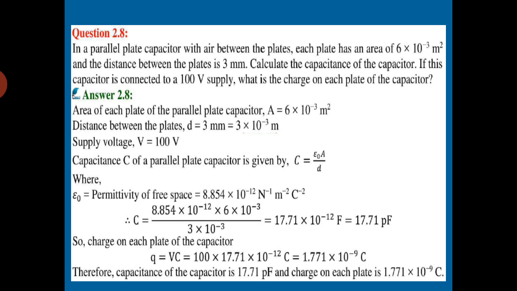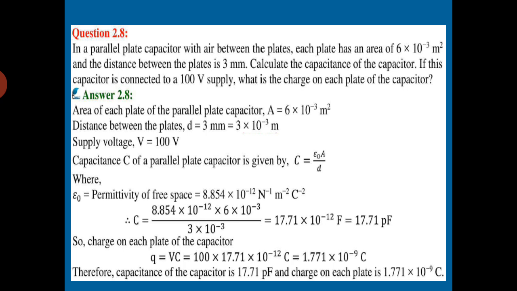Right? Now, first of all, you see what is given to you. A parallel plate capacitor with air. The medium between the two plates is air. It means K will come out to be 1. Each plate has an area, that is capital A. It is given to you as 6 into 10 to the power minus 3 meter square. And the distance between the plates, that is D, is 3 millimeters.